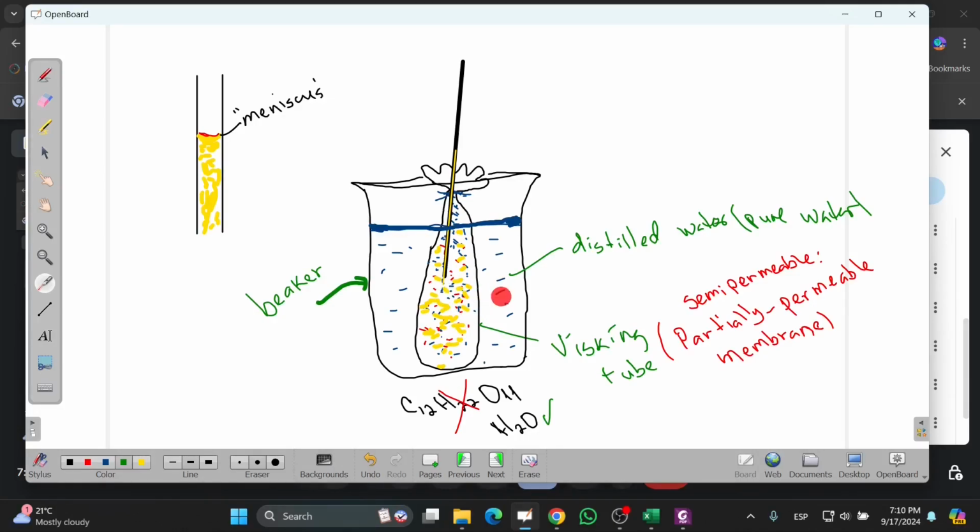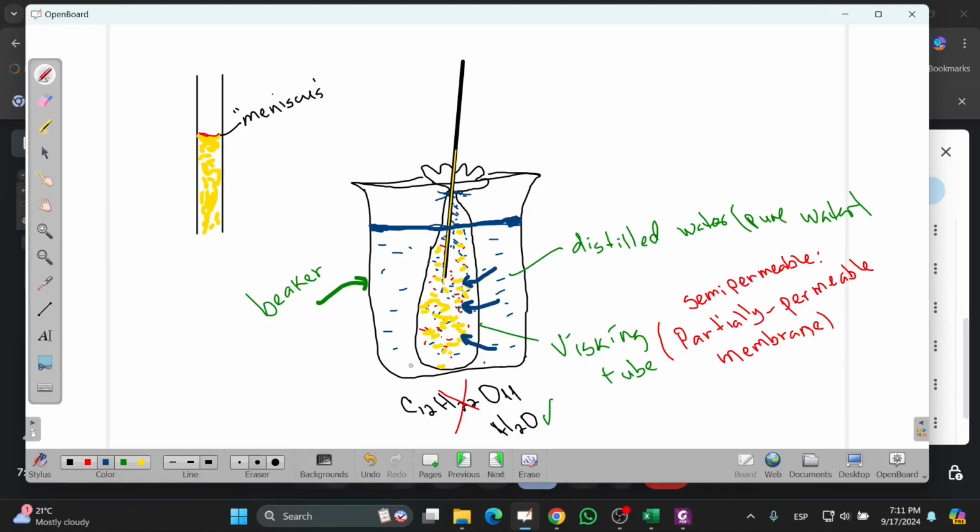So water will be moving from where it is watery into where it is thicker, more concentrated. Therefore, in this particular case, since there is just water outside and there is water and sugar inside, water molecules will be moving at a greater rate into the Visking tube.